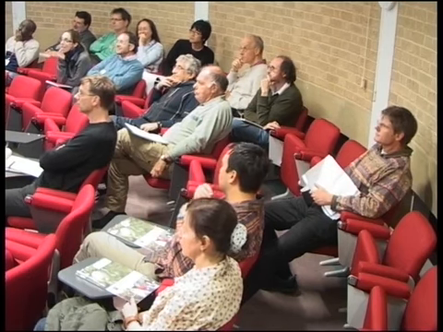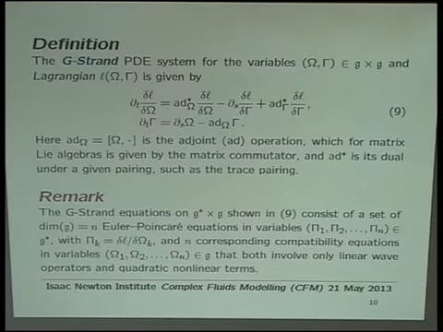Okay, so I'm calling these equations for the inner part of the Aragon theory, the G-strand system. Here's our guy. d by dt of the momentum has an ad star. d by dt of the velocity has an ad.